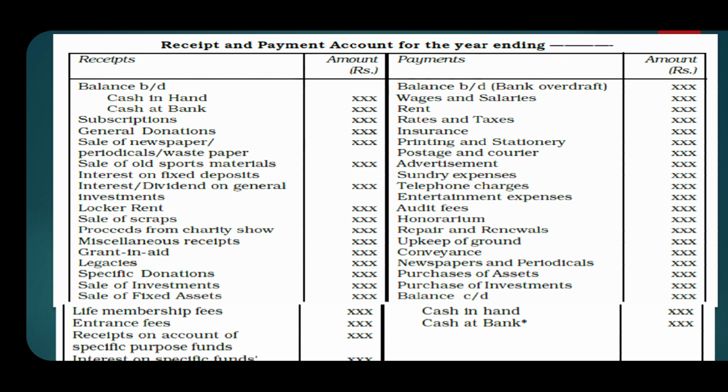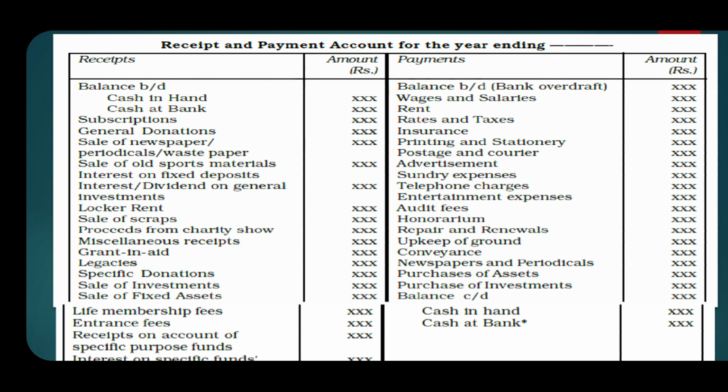Advertisement expenses, sundry expenses, telephone charges, entertainment expenses, audit fees paid, honorarium paid, repairs and renewals expenses, upkeep of ground, conveyance expenses paid, these are credited. And any purchase of assets or newspapers or periodicals purchased or purchase of investments are credited on the payment side.